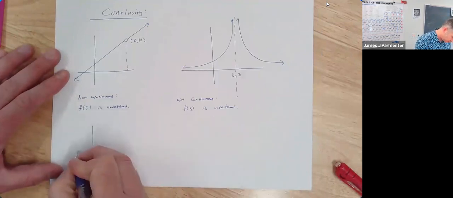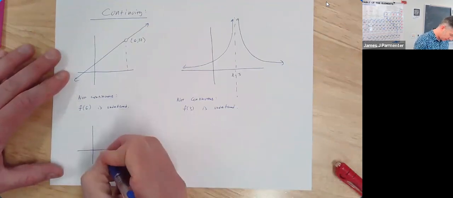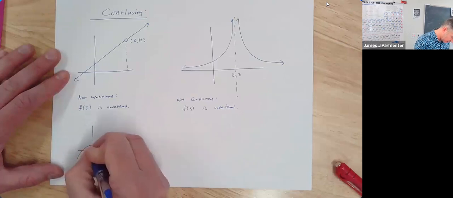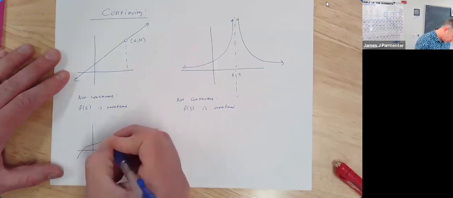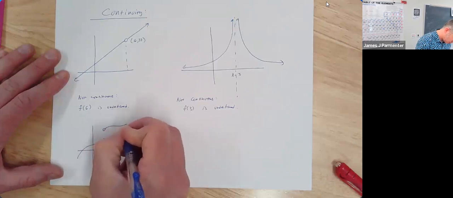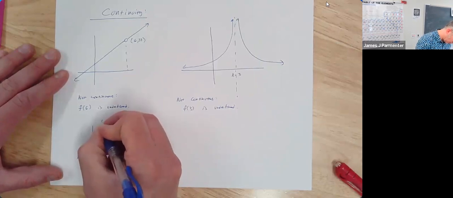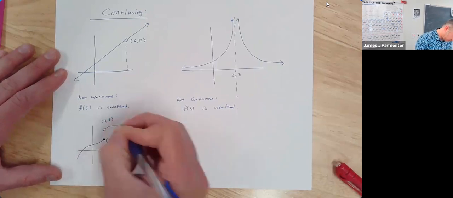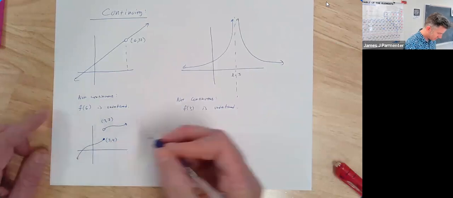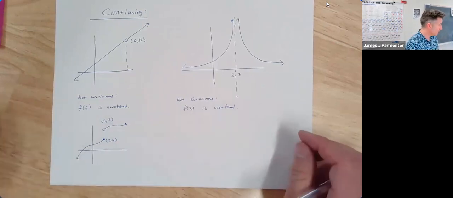Let's say we have something that looks like this. This is the point 3, 4, and this open hole here is the point 3, 7. The function certainly is discontinuous.